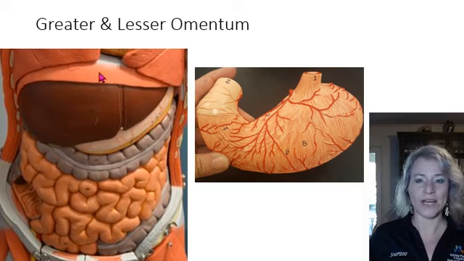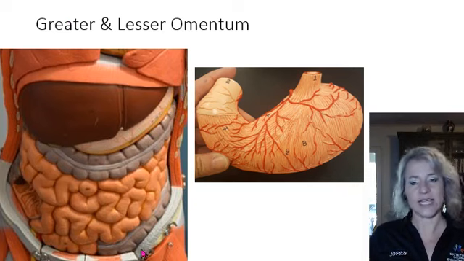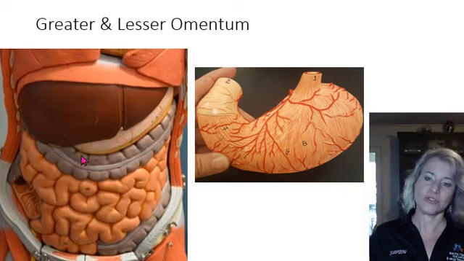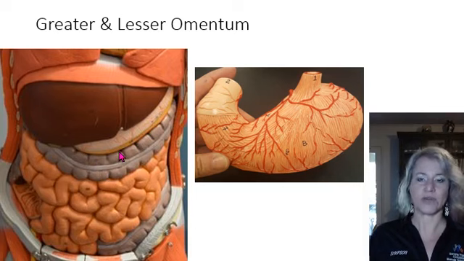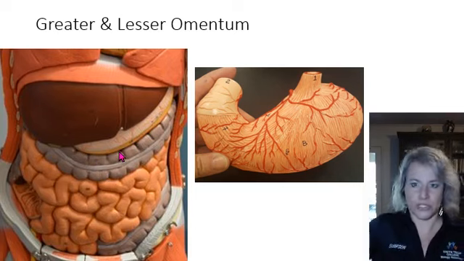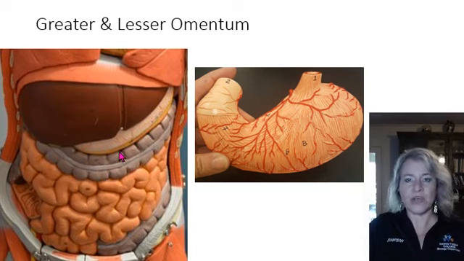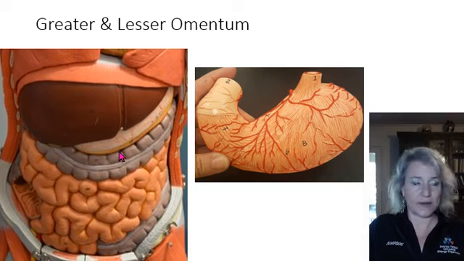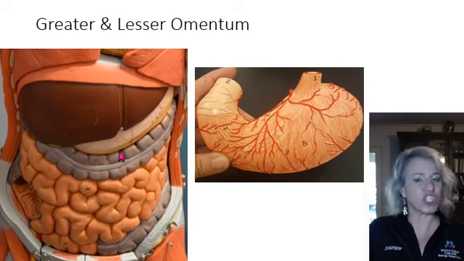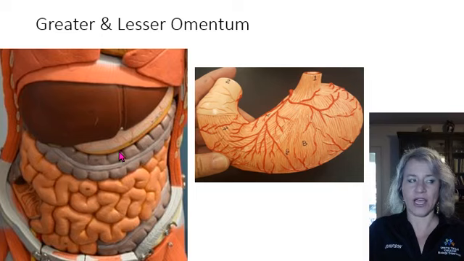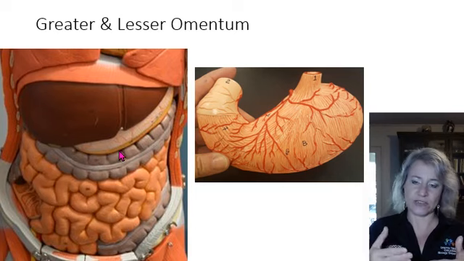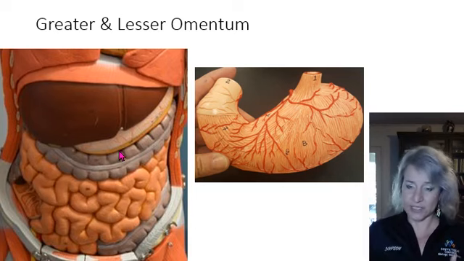And the greater omentum is traveling from this greater curvature of the stomach down and then back up to the transverse colon. And so it actually creates a pocket. It creates like a purse. Inside the greater omentum you have some adipose tissue, some nice fat, like a nice cushion, and insulation, and that is protecting your guts, because you notice that you do not have skeleton protecting your guts.